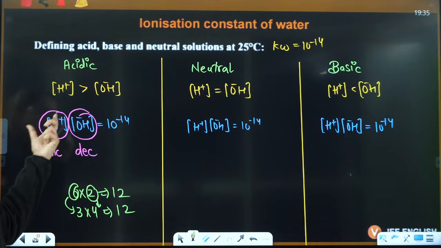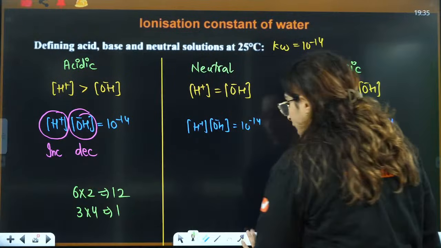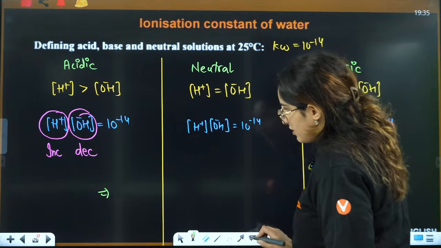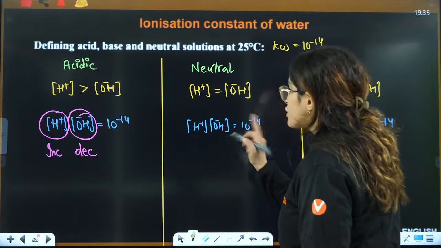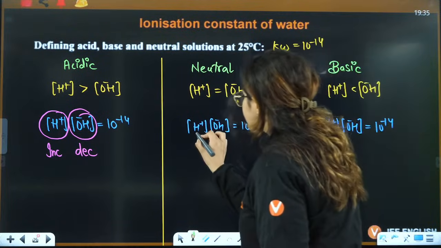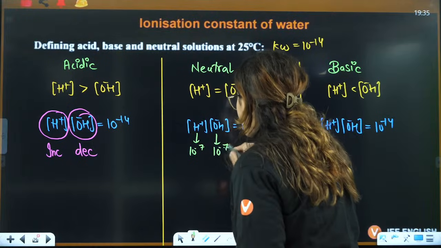So to make the multiplication constant, if one value is increasing, the other value has to decrease, right? So here we know that both are equal. That means this is also 10 raised to the power minus 7.